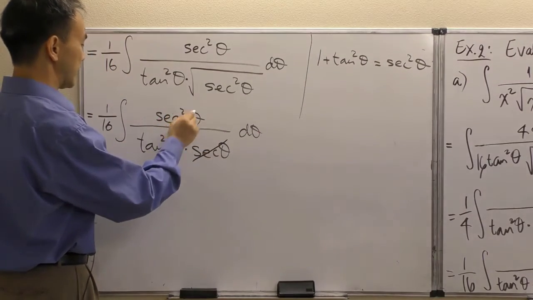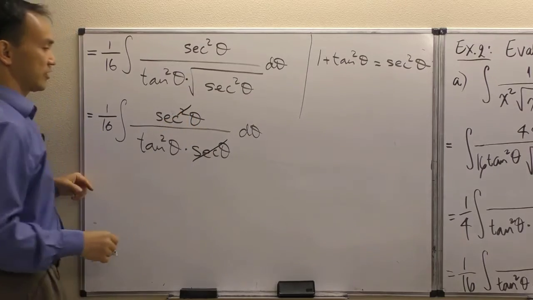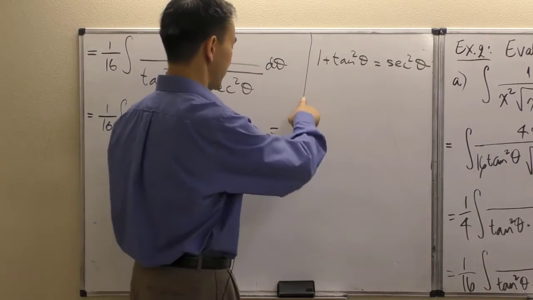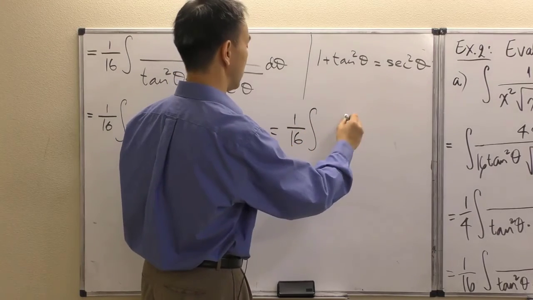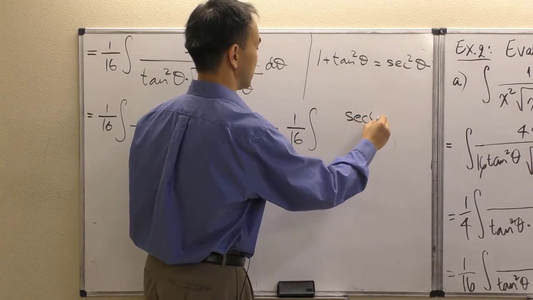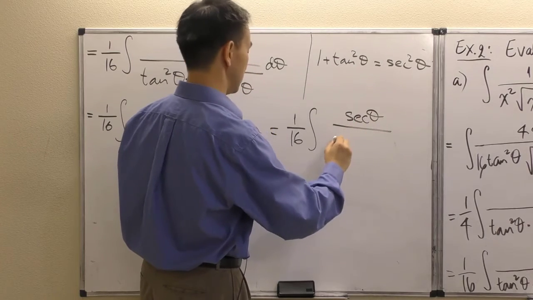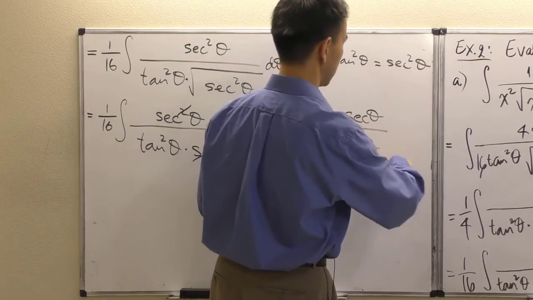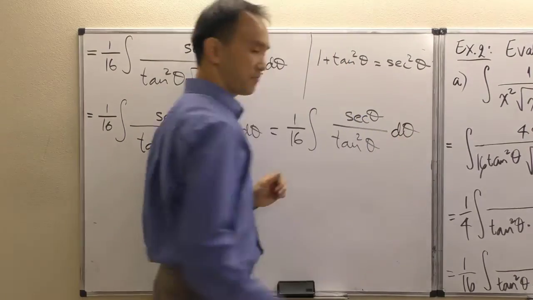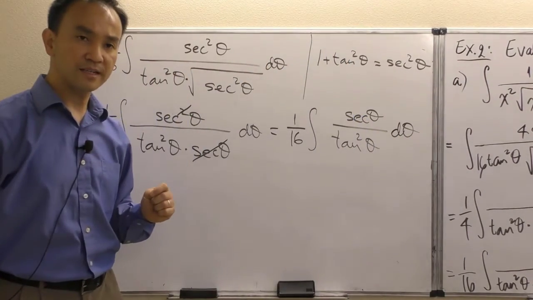The secant square will cancel with that, and it gives me something shorter. It's 1/16 times the integral of secant theta over tangent square theta, d theta.